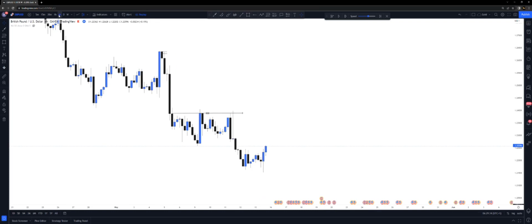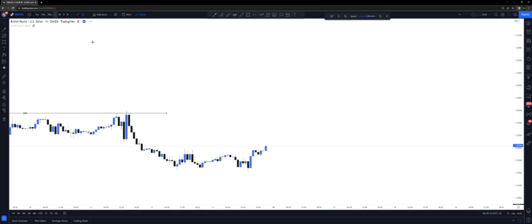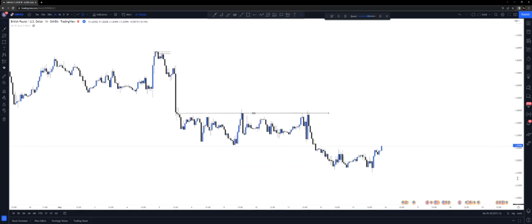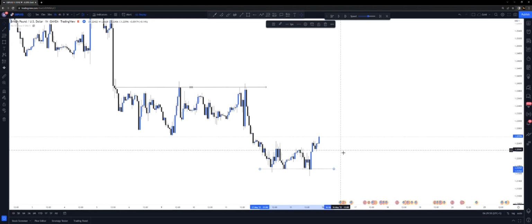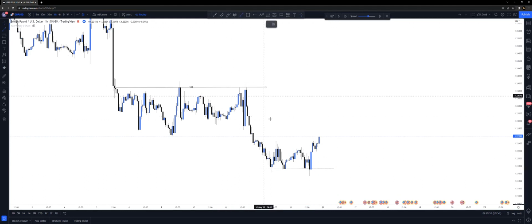So let me pick this right here. Here was a triple bottom right here. Move to the upside.